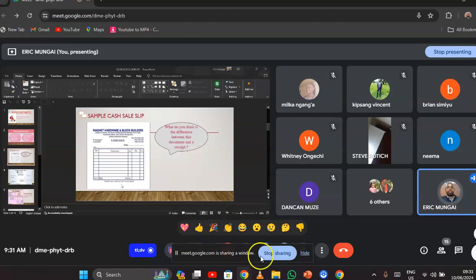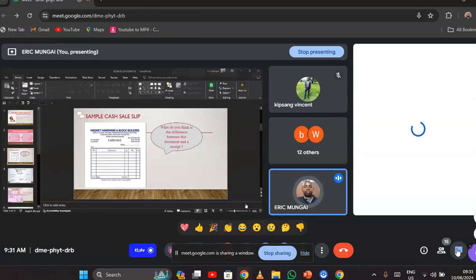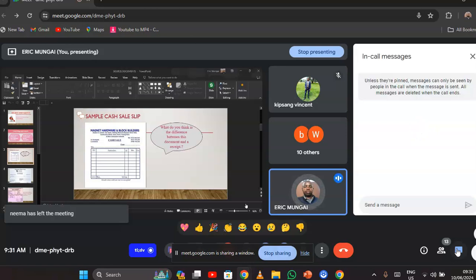One, please. You can write on the chat. If you think there is a difference between that document I have presented and a receipt, write on the chat, please. I will be able to see. You can also raise your hands to respond. If you are not in a position to write in the chat, someone please cite the difference between that document and a receipt.